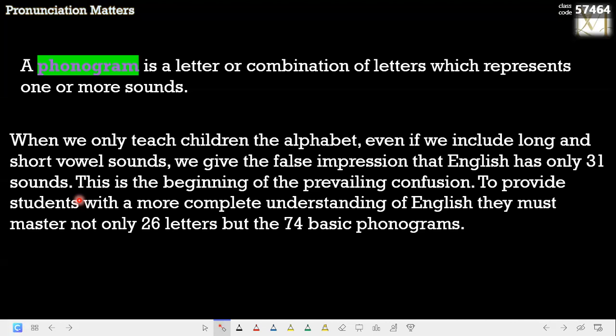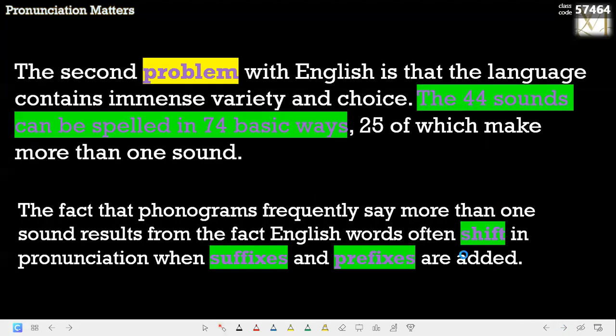In order to provide the students with a more complete understanding of English, they must master not only the 26 letters, but the 74 basic phonograms. We have 74 basic phonograms, and that's what we are going to look at right now.